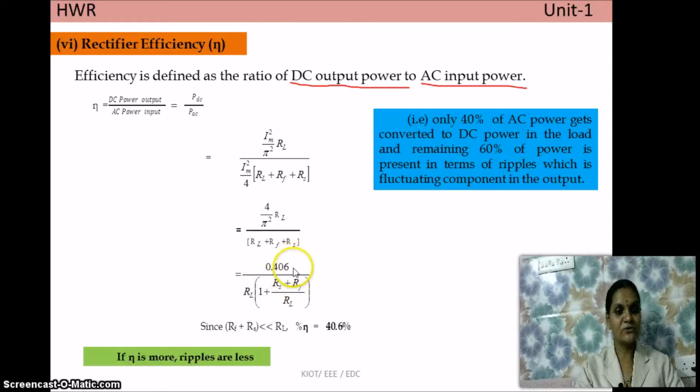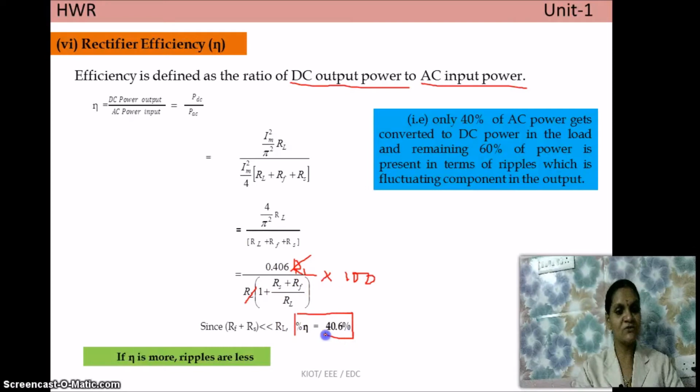In the numerator also you will have RL, with suffix L. So this RL and this RL get cancelled. This term is negligible. So efficiency is multiplied by 100. This expression, efficiency in percentage, becomes 40.6.